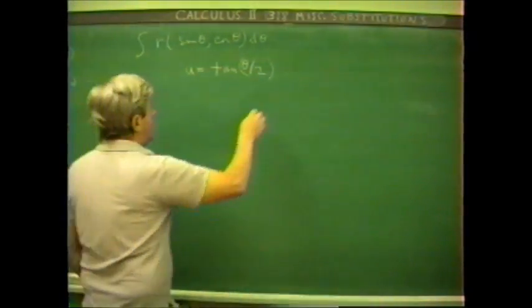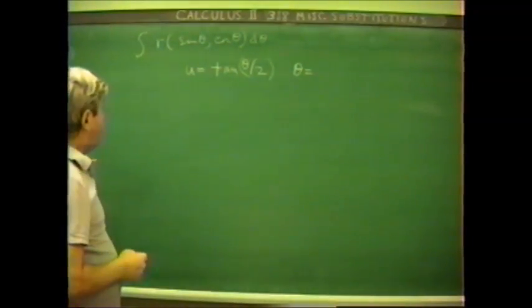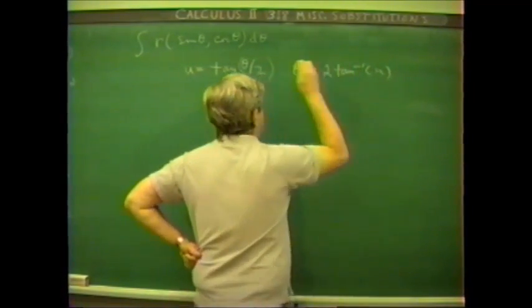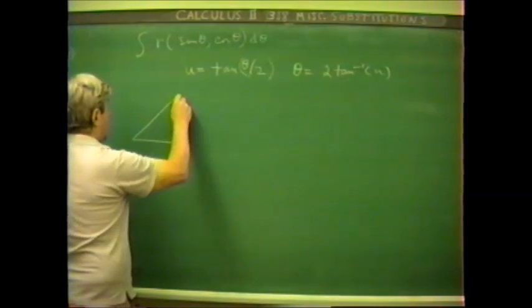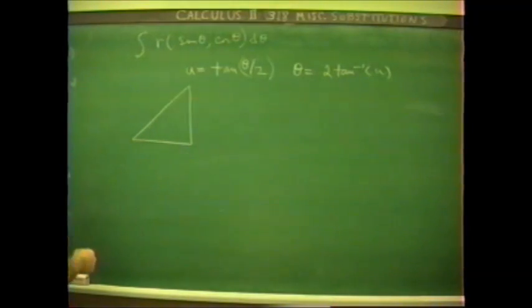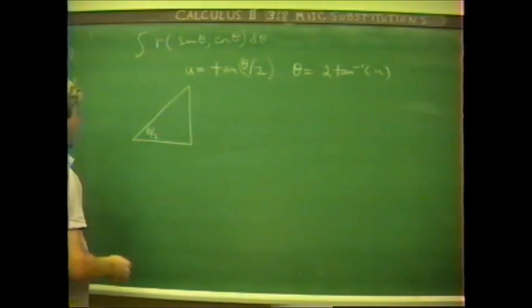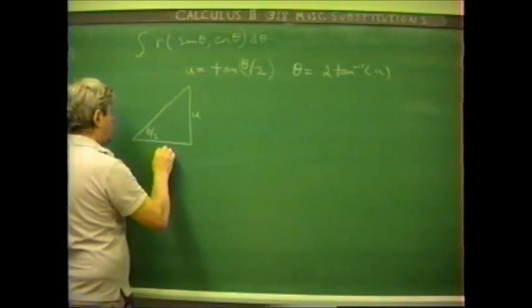So that theta is equal to tangent inverse u times 2. If we look at a triangle here, if this is the angle theta over 2, then u is tangent theta over 2, so we can complete this triangle here that looks like this, u and 1.